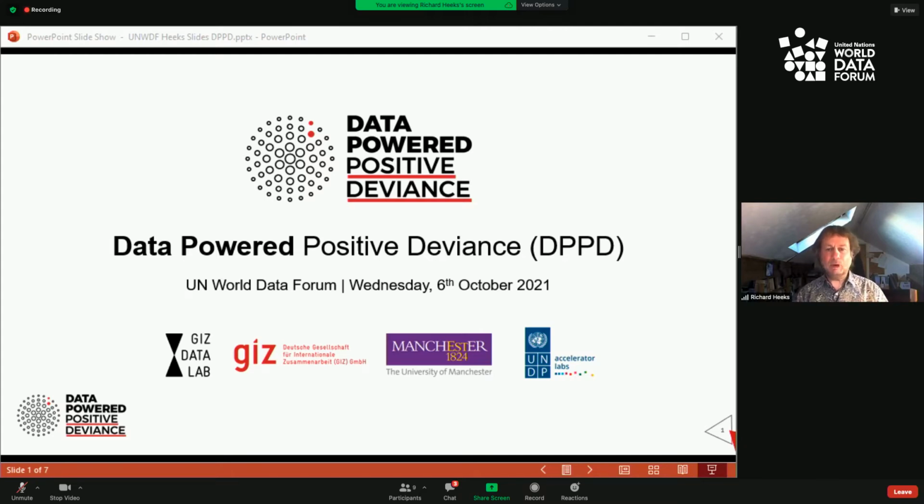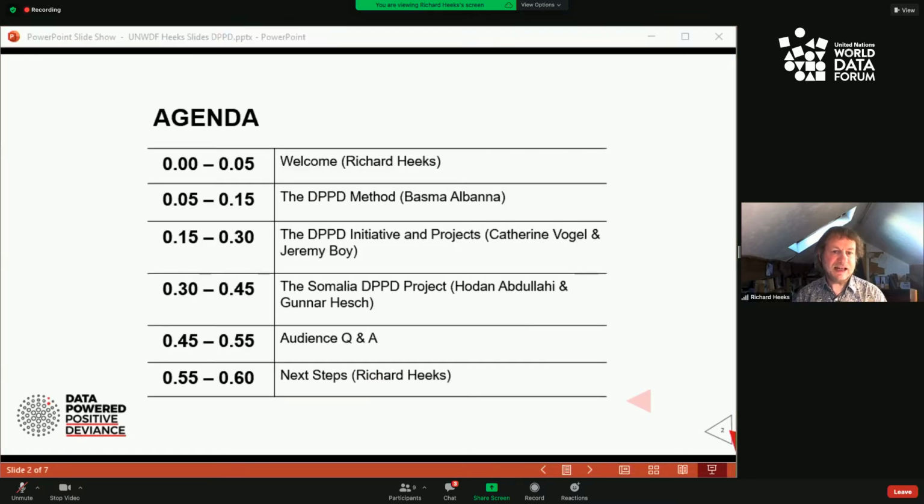Those data points which are deviant from the average and positively deviant, meaning that they outperform their peers, potentially providing those local bottom-up solutions to development problems. So this session will tell you more about our search for those outliers, those positive deviants.